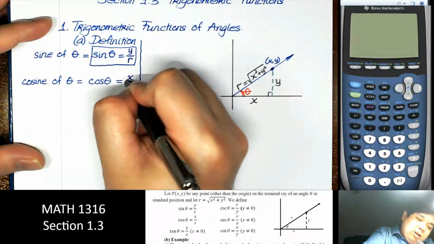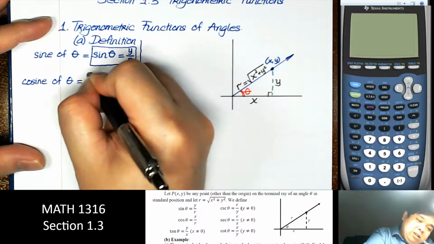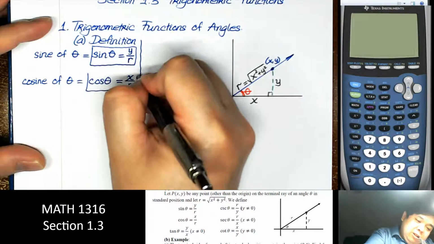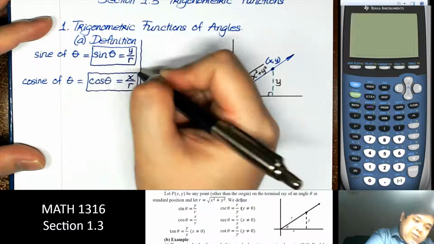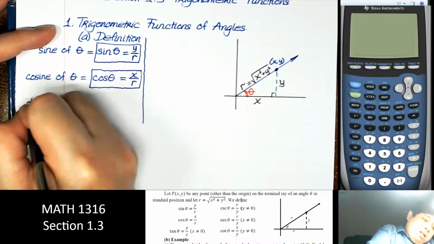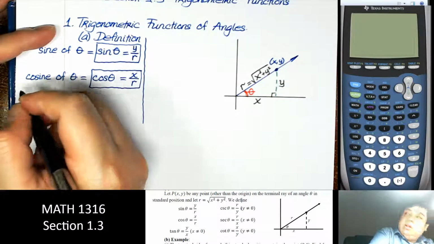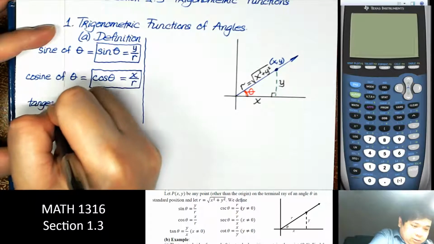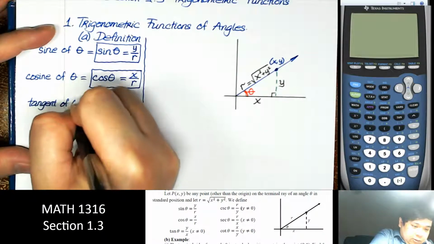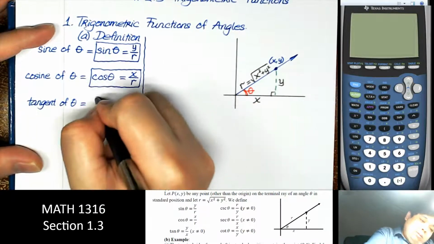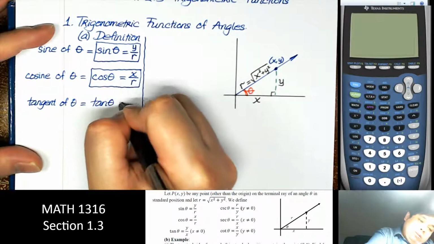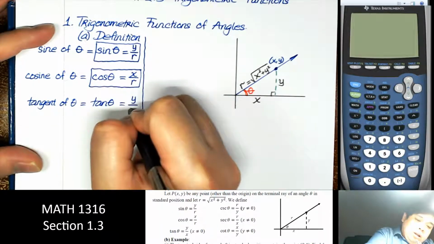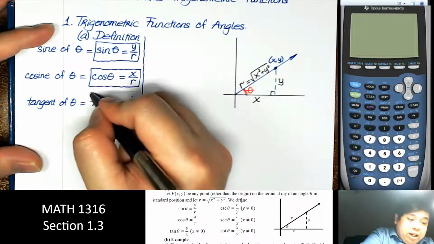Cosine is x over r. And then tangent is y over x. And once again, this is the definition.